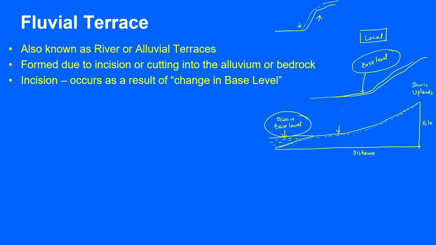A change in the base level here will also force the channels, the rivers, to incise, mainly. So, this is what we call the change in the base level, and that will result in incision, or we can say down cutting.